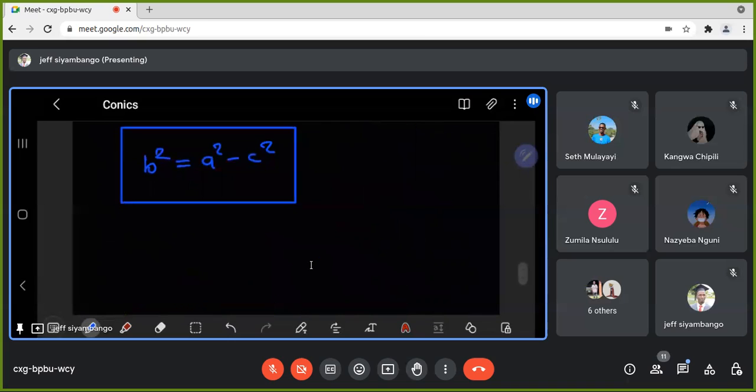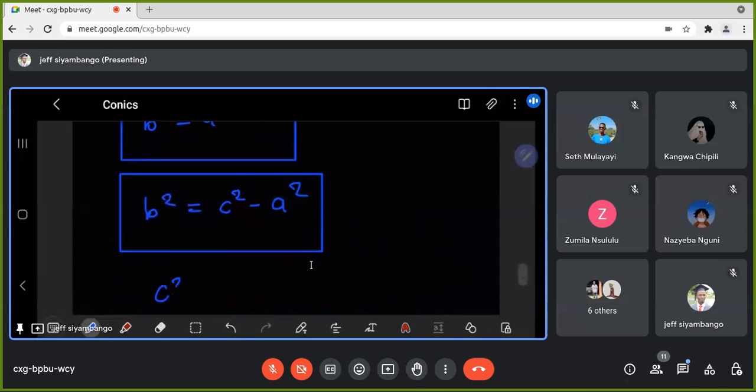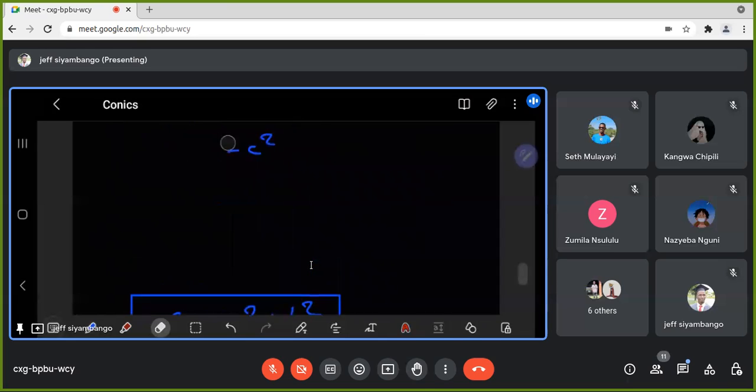So to make it all add up, we're just going to switch this up. Of course, everything is factored in when deriving the formulas. I'm sure you guys get how it goes. But in the end, B squared will actually now be given by C squared minus A squared. But the easiest way to remember this relationship is by taking C squared to be equal to A squared plus B squared. I found this to be the easiest way to remember the relationship between A, B, and C for a hyperbola.